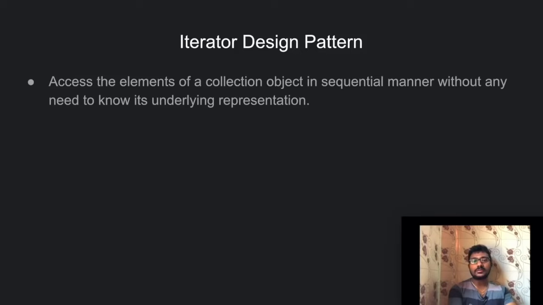So first we will cover the first point: access the elements of a collection object in a sequential manner without any need to know its underlying representation. We can relate this to a real life example. For example, there is a container.